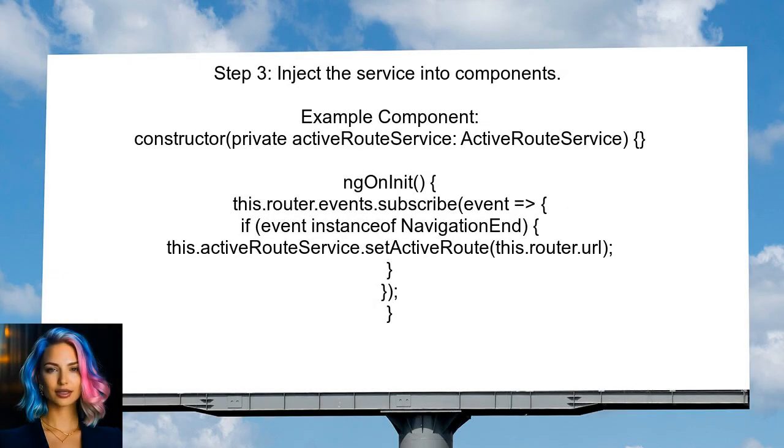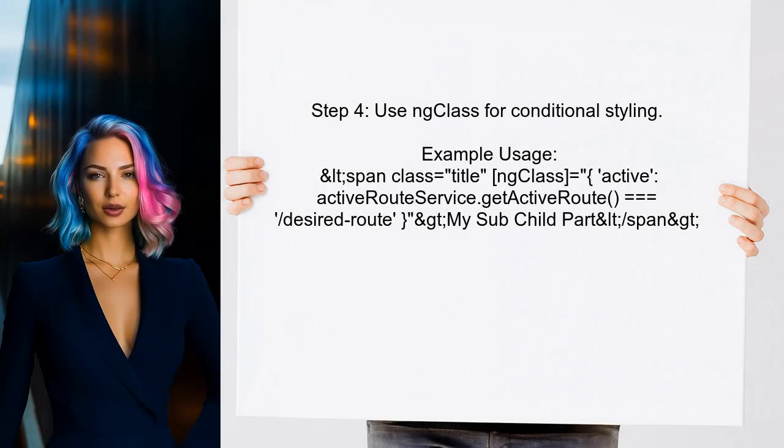Then, the user can inject this service into their components. Whenever a route changes, they should call the service to update the active route. This allows other components to react to the active route change. Finally, the user can use Angular's ng-class directive to conditionally apply styles based on the active route stored in the service. This will allow them to style elements in different components based on the current route.